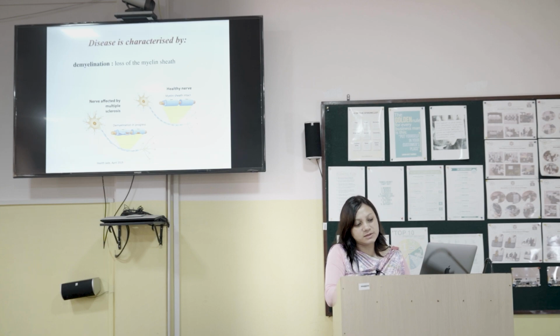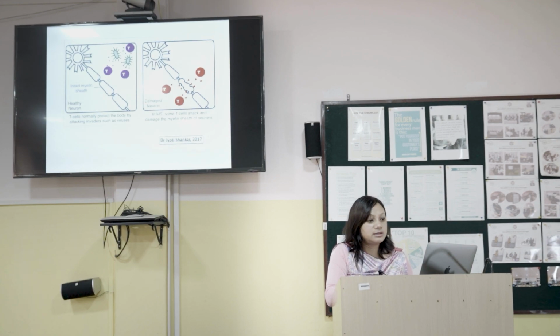These nerve cells transmit signals from one nerve cell to another, or from a nerve cell to a gland or a muscle, through these axons. In a healthy individual where the myelin sheath is intact, these signals are transmitted smoothly, whereas in a patient suffering from multiple sclerosis, there is destruction of the myelin sheath, which causes disruption of the signals.